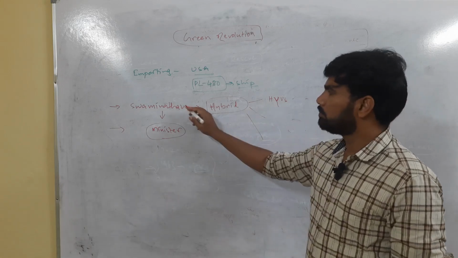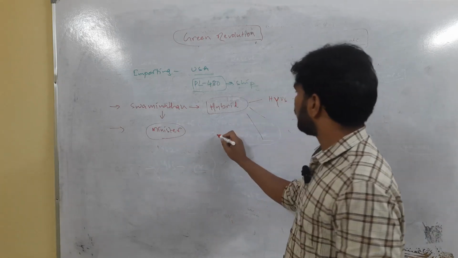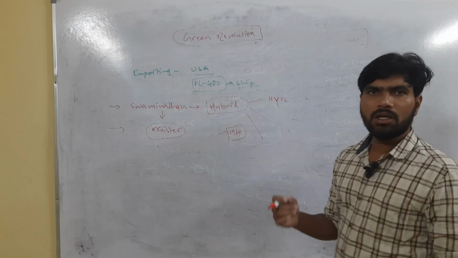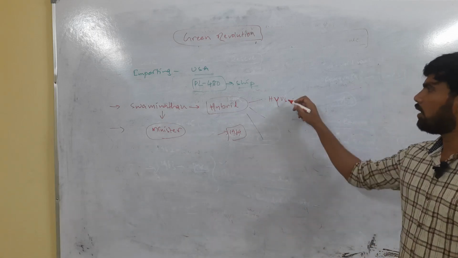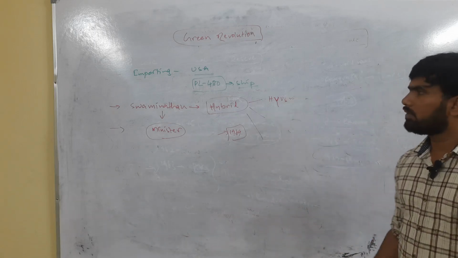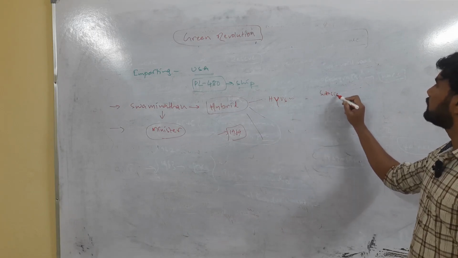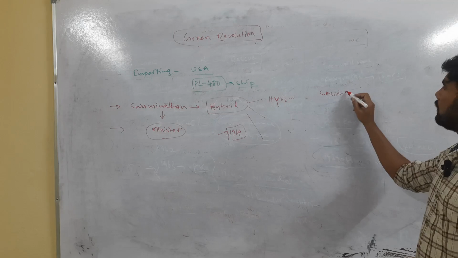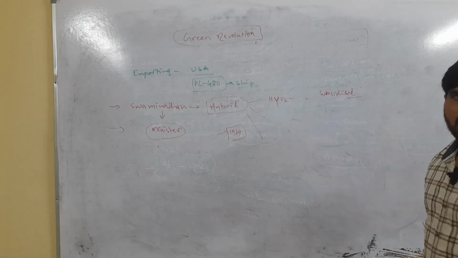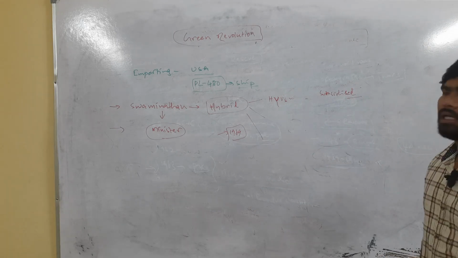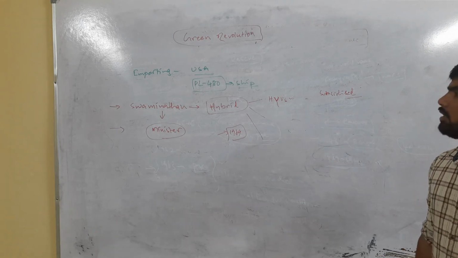So from 1969 onwards, we started introducing these high yielding varieties. We provided them at very cheap, subsidized rates for the farmers, and we encouraged them to cultivate these high yielding varieties.